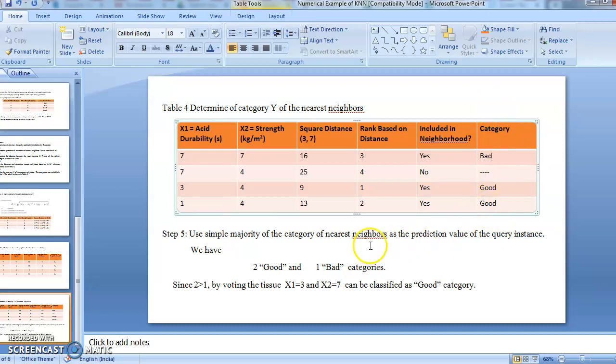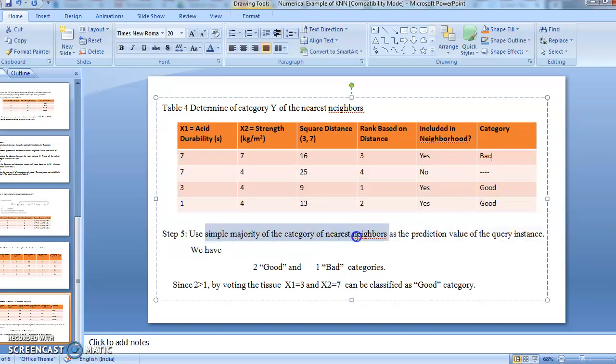Now, as I told you, k nearest neighbor is a very lazy algorithm. It simply finds the majority of the output. It's simply the majority of the category of the nearest neighbors for the prediction value. As we have decided to consider only 3 neighbors, out of 3 we have got 2 good category and 1 bad category.